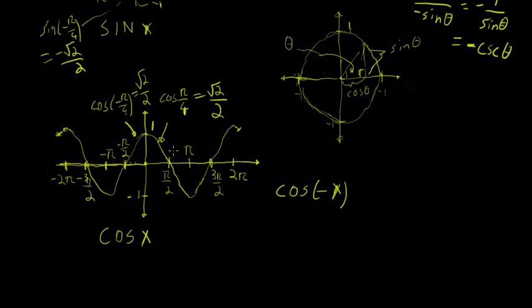And let's see how that pans out. So the cosine of positive pi is negative 1, but the cosine of negative pi is also negative 1. So in general, the cosine of negative x is equal to the cosine of x.